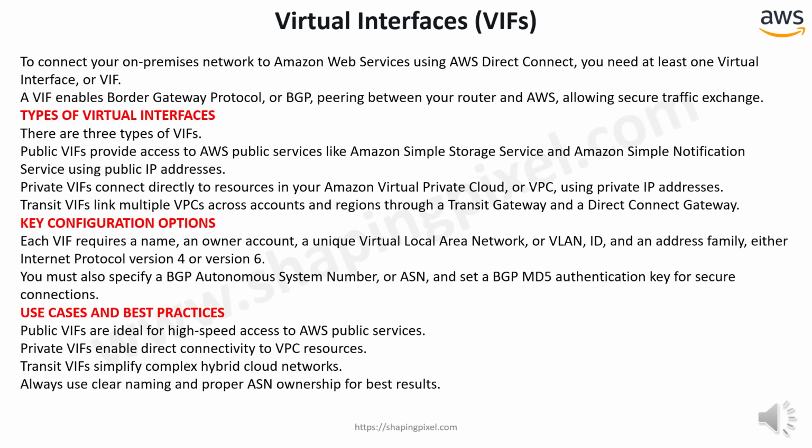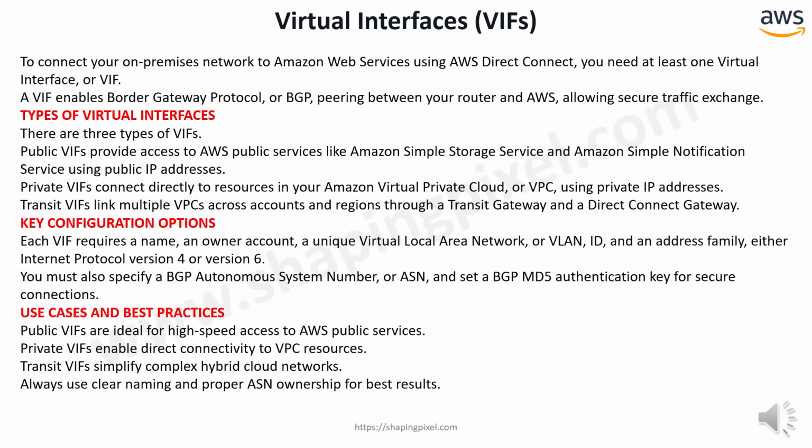Public VIFs provide access to AWS public services like Amazon Simple Storage Service and Amazon Simple Notification Service using public IP addresses. Private VIFs connect directly to resources in your Amazon Virtual Private Cloud, or VPC, using private IP addresses. Transit VIFs link multiple VPCs across accounts and regions through a transit gateway and a direct connect gateway.